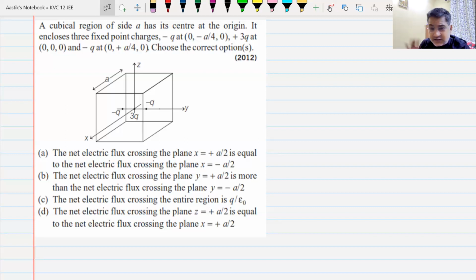This question is not asking you how much the flux is. They're just asking you about symmetry. This is how, once you do a question, you must be able to get the answer and stay happy. Remember, staying happy is important.